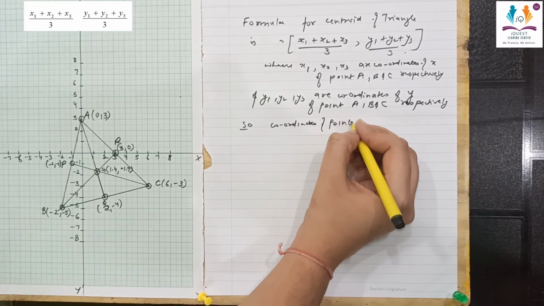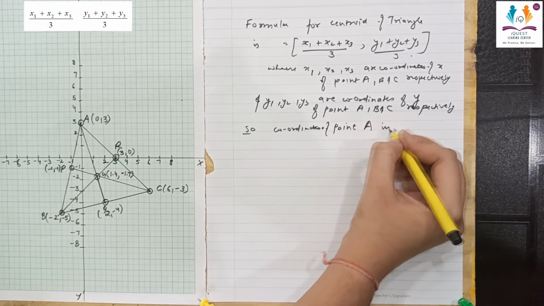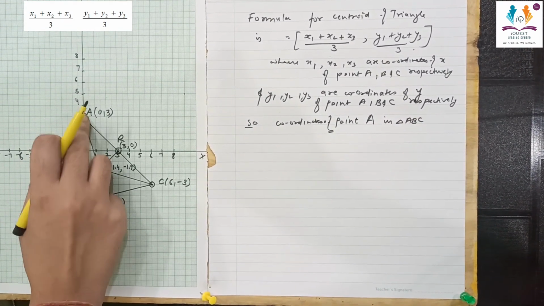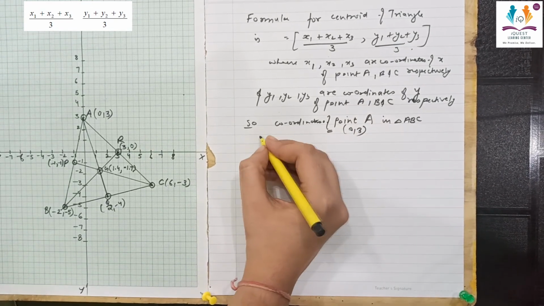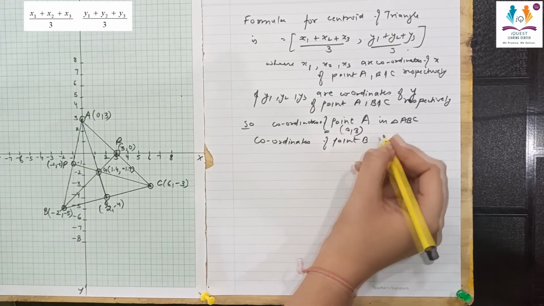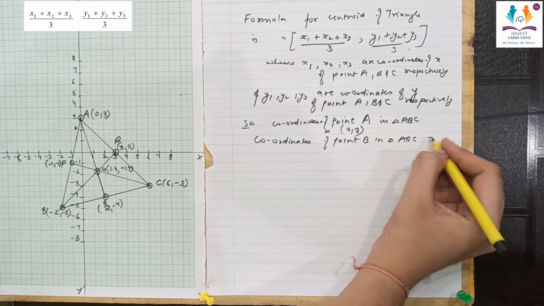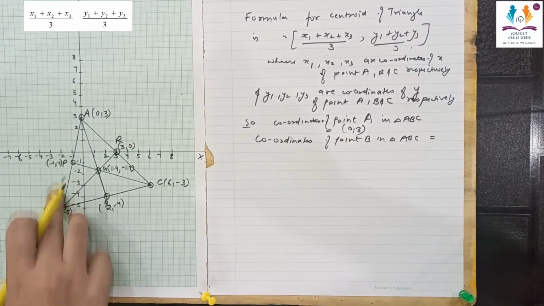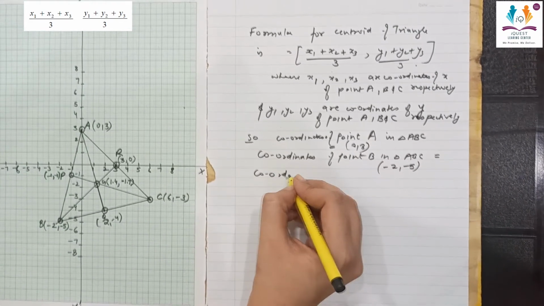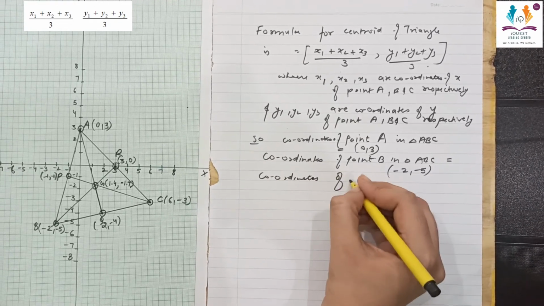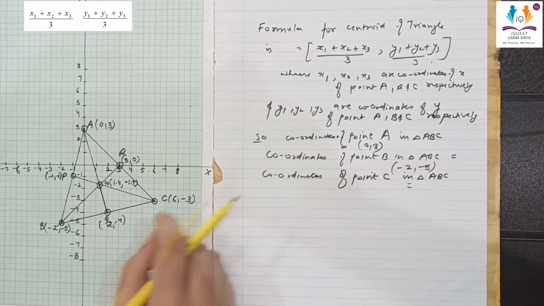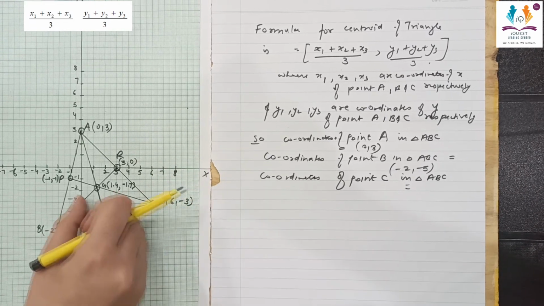So the coordinates of point A in triangle ABC are 0, 3. Similarly, the coordinates of point B in triangle ABC are minus 2, minus 5. The coordinates of point C in triangle ABC are 6, minus 3.